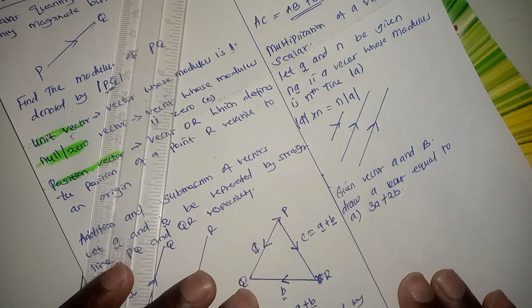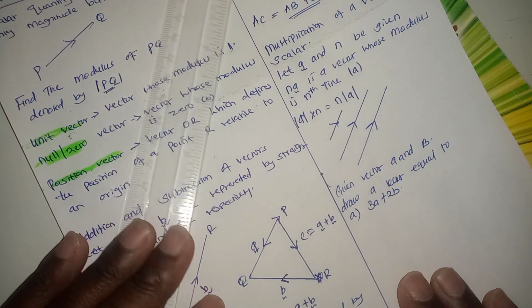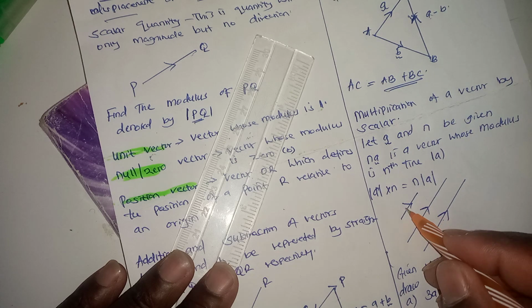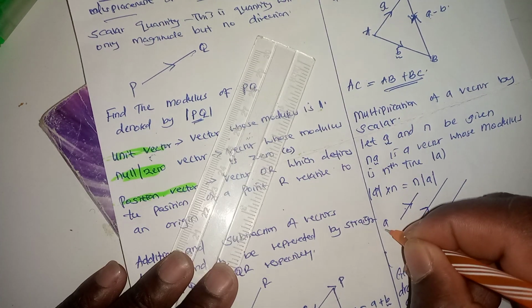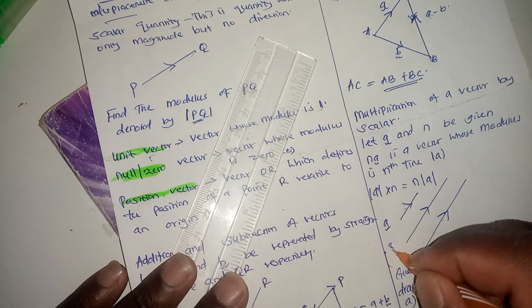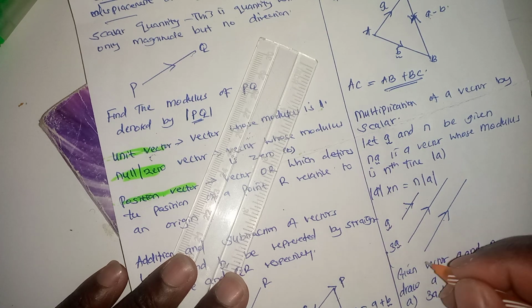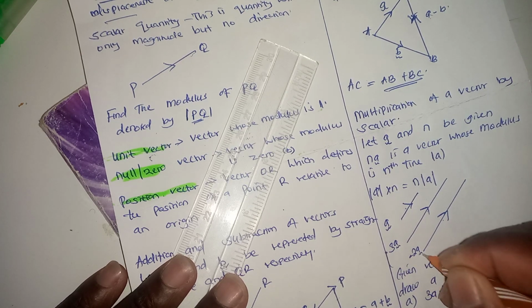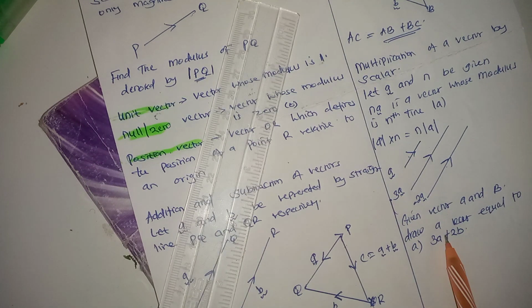Now here we are told in the figure, we can call this A, this is 3A, and this is negative 2A. Now this is addition.